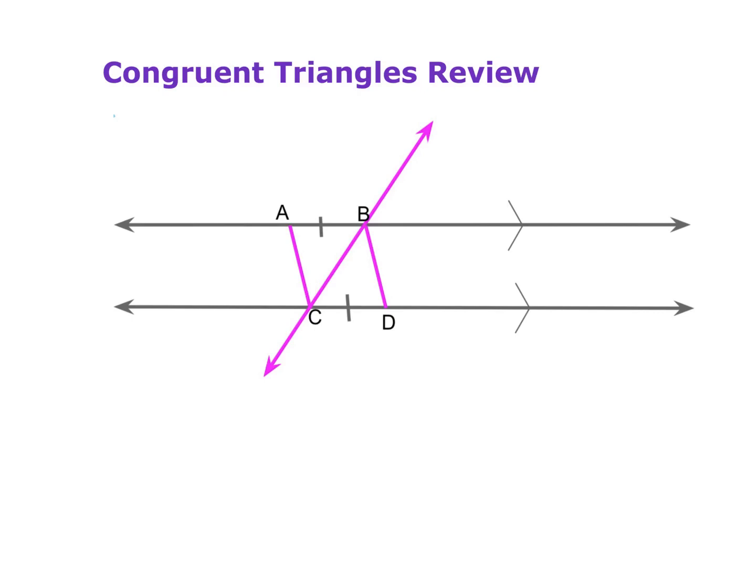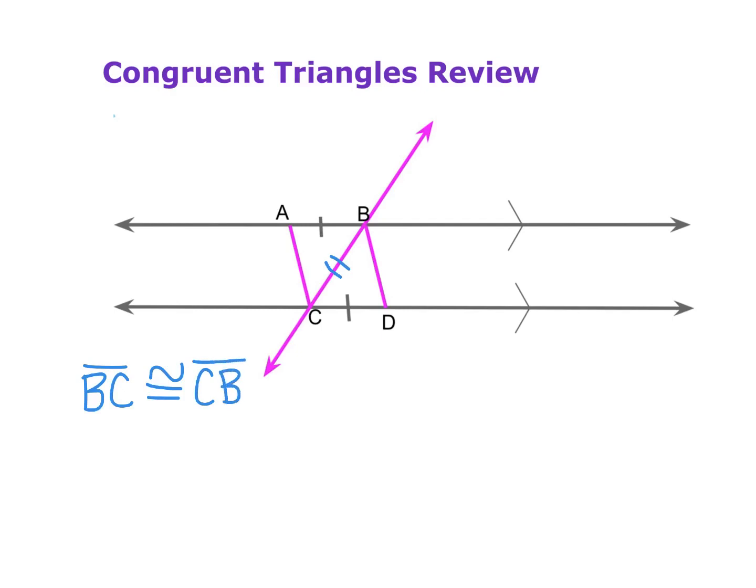So what we're going to do on this picture that I have right now is let's talk about the side that is shared between both of these triangles. So I'm referring to this side, line segment BC, which is going to be congruent to line segment CB.